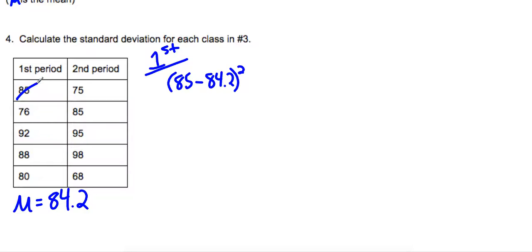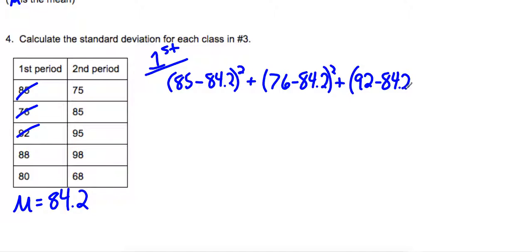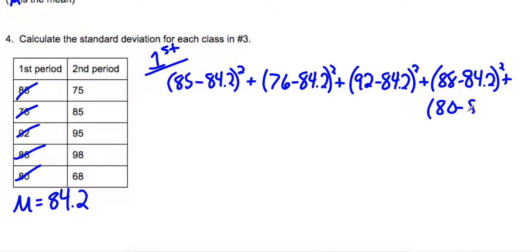Now we're going to take the next one, plus the next one, 76. 76 minus the mean and square it. The next one, 92 minus the mean and square it. The next one, 88 minus the mean and square it. And the last one, 80 minus the mean and square it.